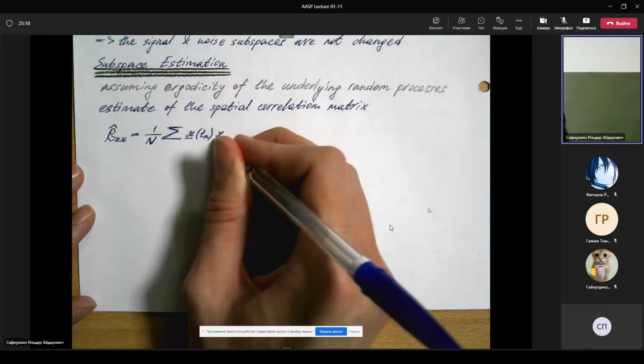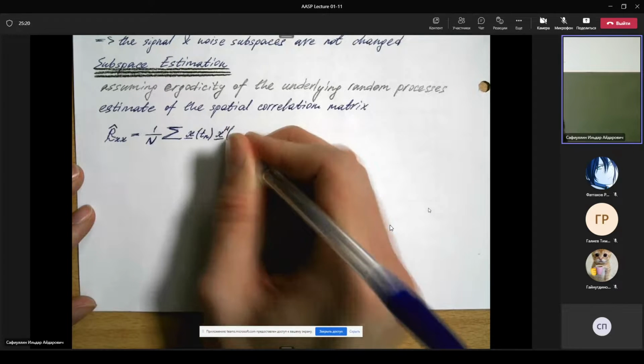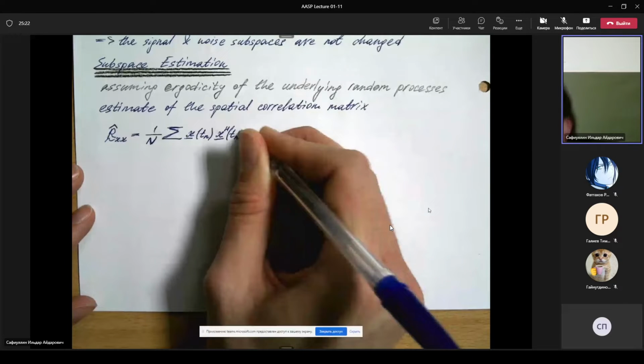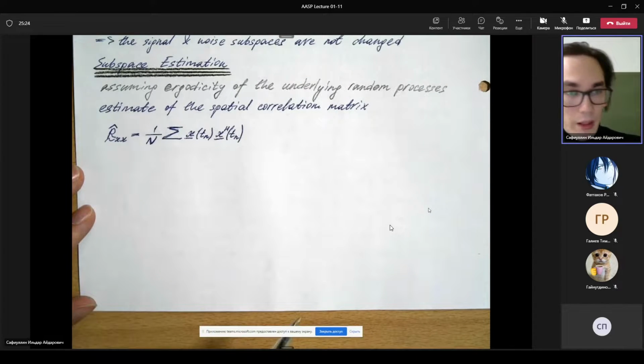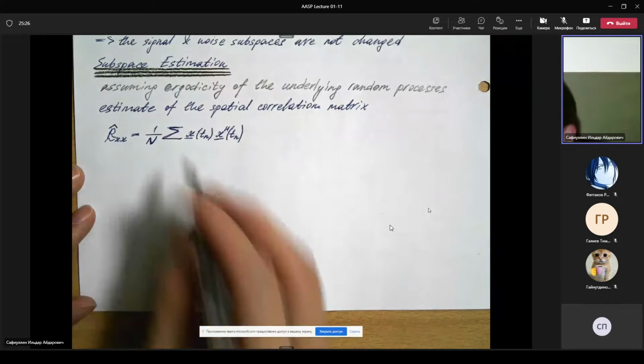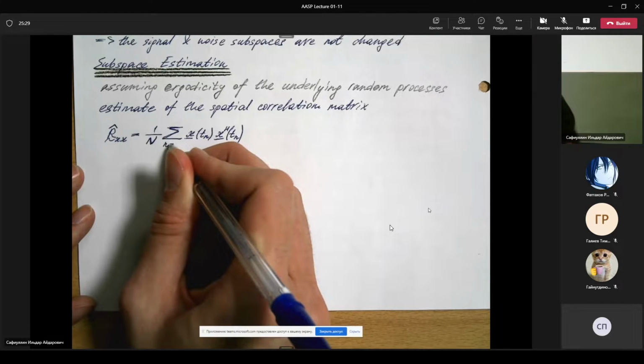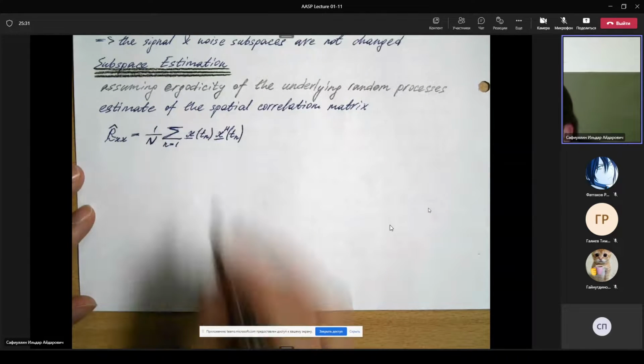So x for t subscript n with Hermitian. And here small n goes from 1 up to capital N.